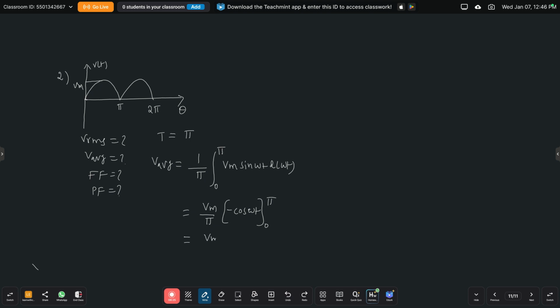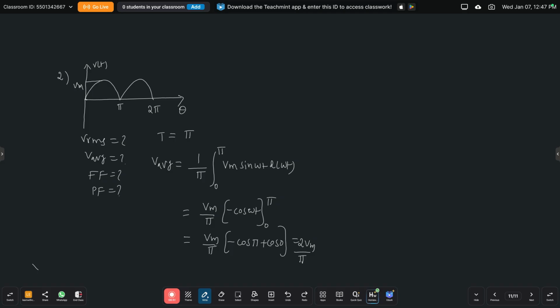So which is equal to Vm by pi times minus cos pi plus cos 0, which is equal to 2 Vm by pi. Therefore the average value we got is 2 Vm by pi.